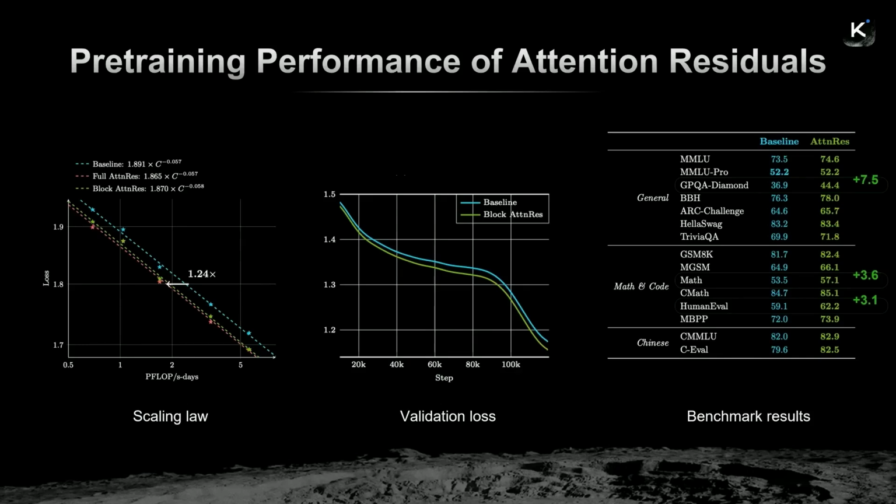And for the validation loss, you can also observe that it's consistently lower than the original curve, demonstrating stability across optimization, and it also achieves the best improvement on some coding, math, and reasoning-heavy tasks, as shown in the benchmark results of GPQA, math, and HumanEval.